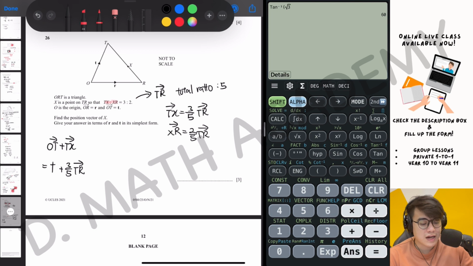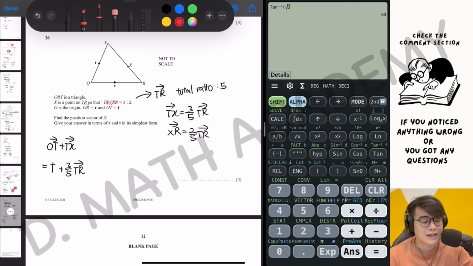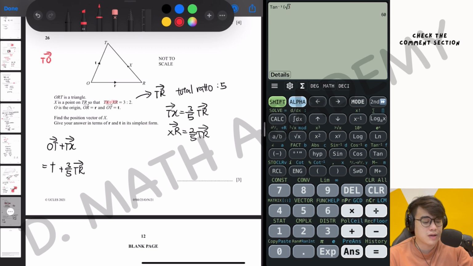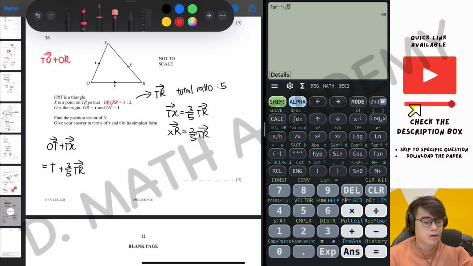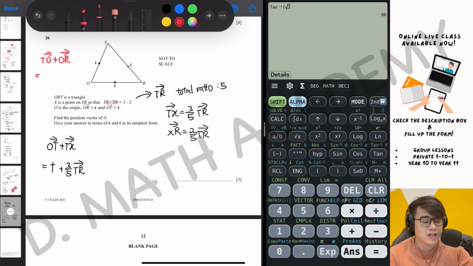By this time, you will notice that we don't have information about TR, and we have to identify it manually by calculating TO plus OR. So TO involves a change of direction. From the original positive T there, after change of direction, it becomes negative T.